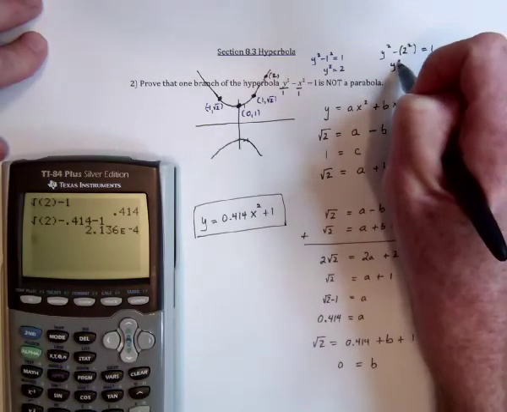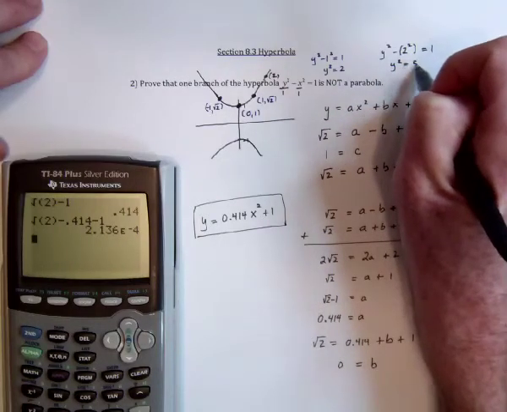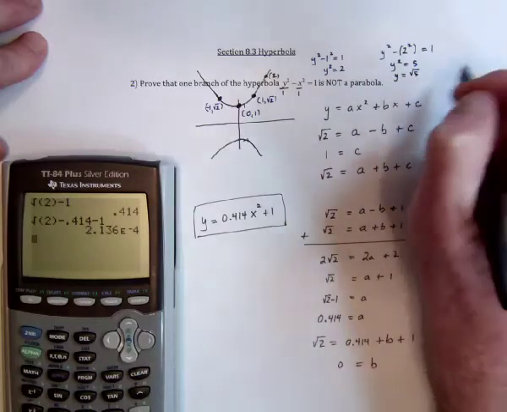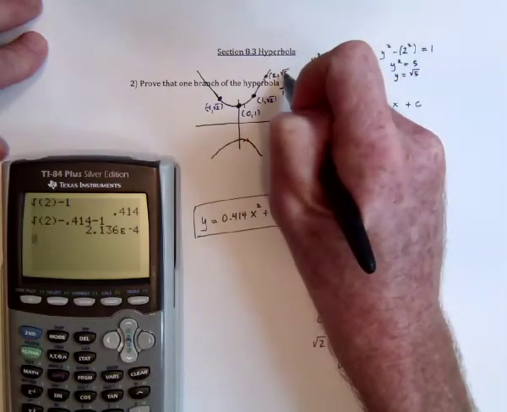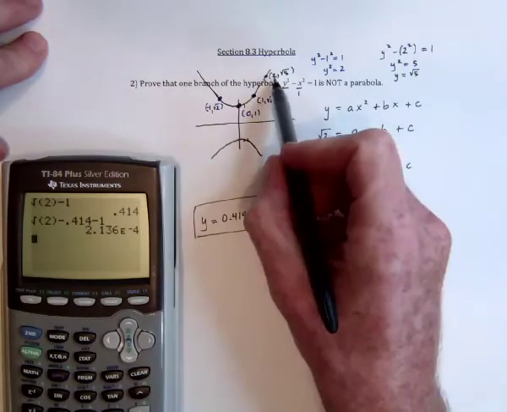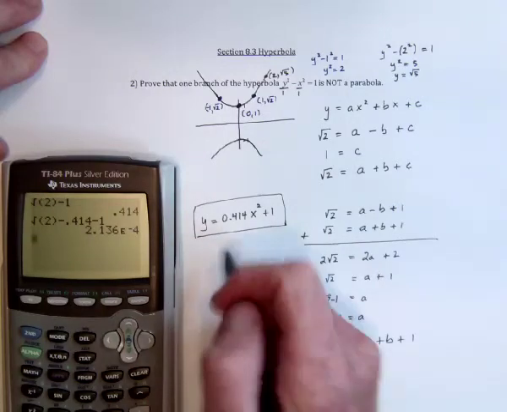Add it to the other side, and y squared is equal to 4 plus 1, which is 5. So y is equal to the square root of 5. So 2 and the square root of 5. And if the parabola and the hyperbola are the same, those numbers, 2 and square root of 5, should work for x and y over here.